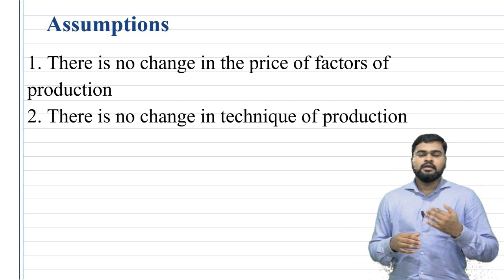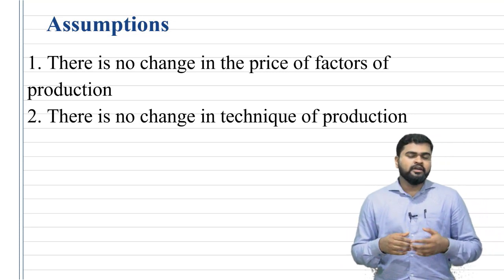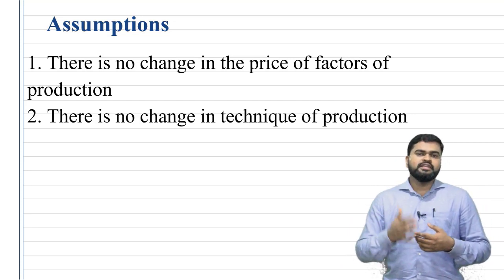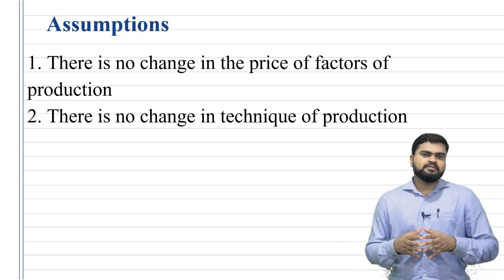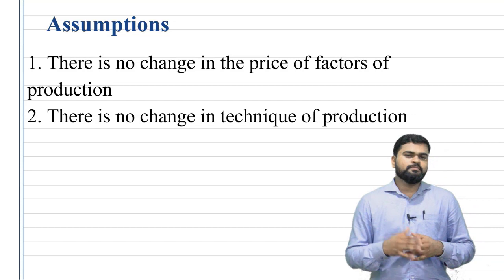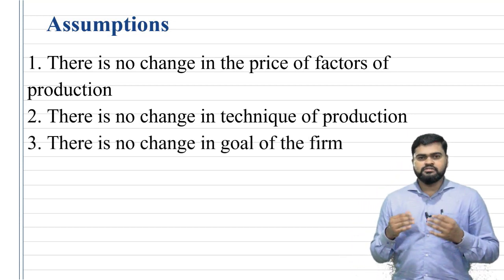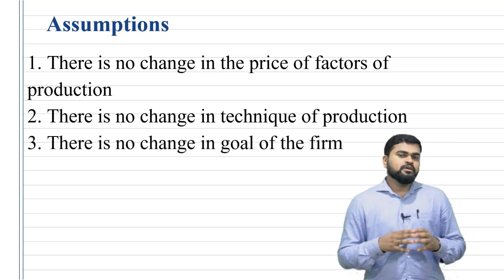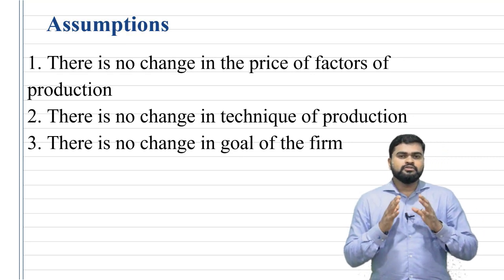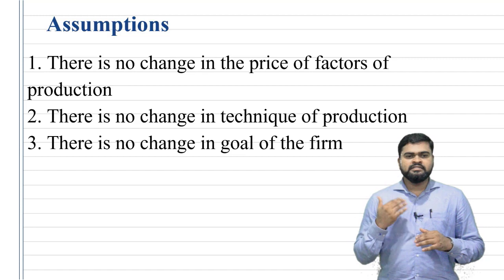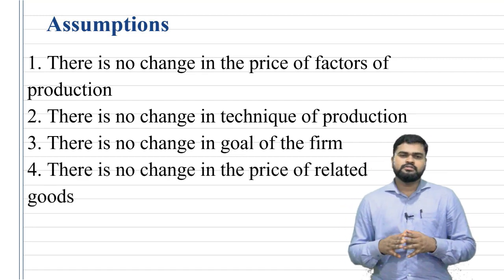Why so? Because if the technique of production improves, or we bring a new technique of production, in that case supply may increase. In that case, the law of supply will not function properly. Next is there is no change in the goal of the firm. The goal of the firm, that is sales maximization or profit maximization, should remain constant. Then there is no change in price of related goods.